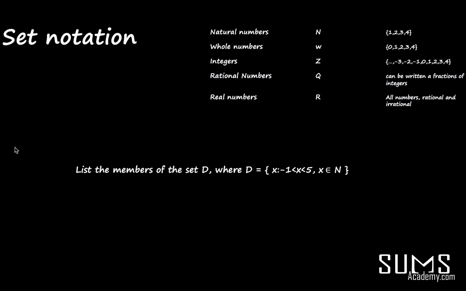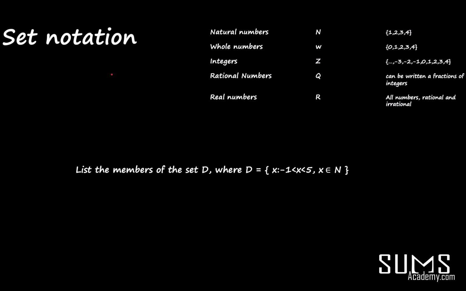So here's an example. If we're asked to list the members of the set D, where D is equal to the set of X where X is between -1 and 5, and X is an element of N, which is the natural numbers.